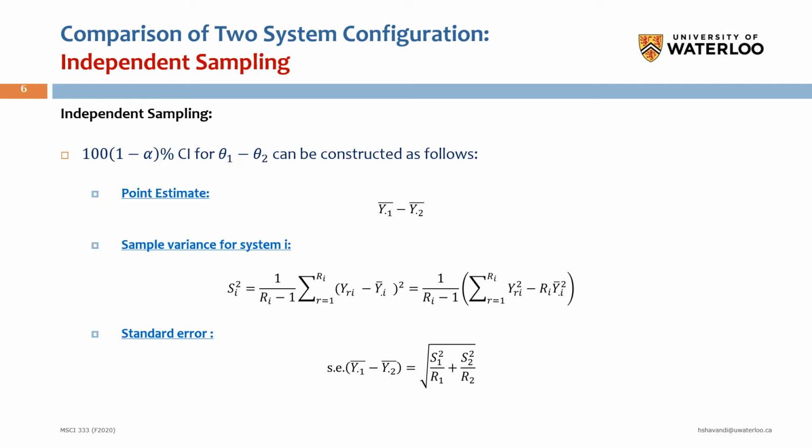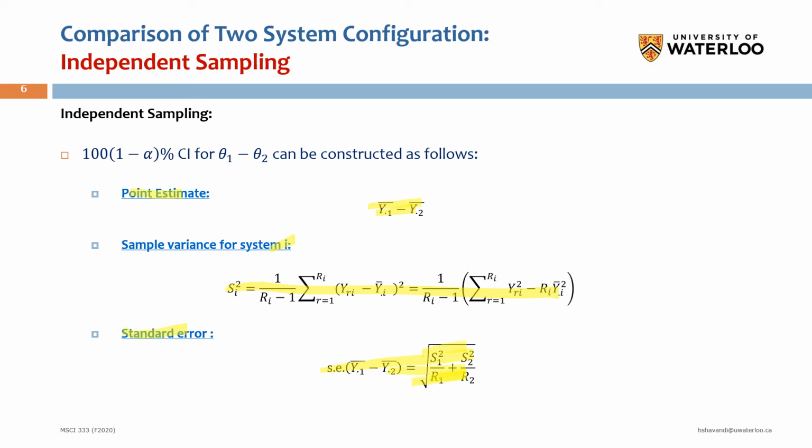Now we are going to make a confidence interval in the case of independent sampling. The point estimator here is y bar 1 minus y bar 2, right? The sample variance for system i will be obtained by this equation that we have here.